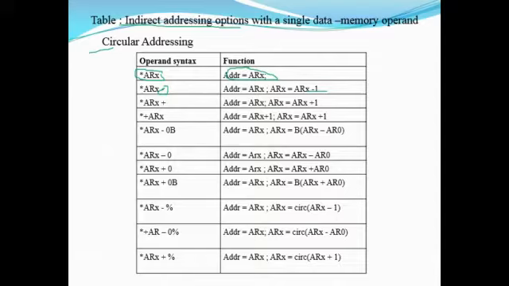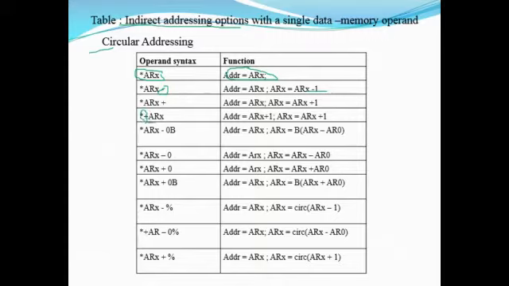Similarly, plus ARX. Here initially the content of the AR register is incremented, and it is stored as the address, and again the content of the AR register is incremented by 1, which was the previous address.